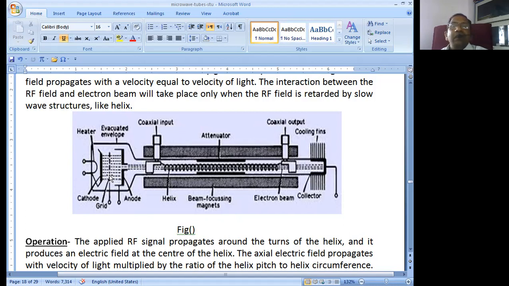Now, in order to guide them to flow into the actual TWT, we put the grids here. Then to accelerate these electrons, we put the anode here. So anode gap, it is not a cavity, anode gap. Using this anode gap, all these electrons are simply guided to flow into the traveling wave tube.